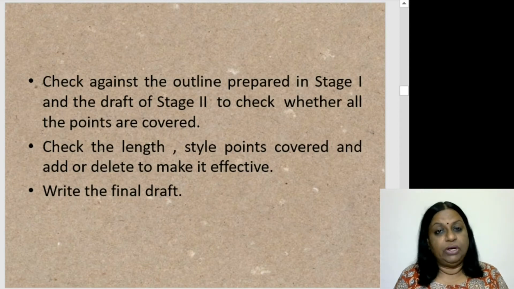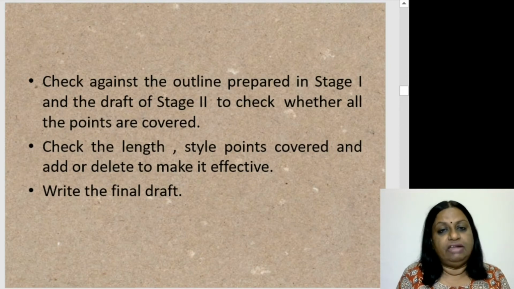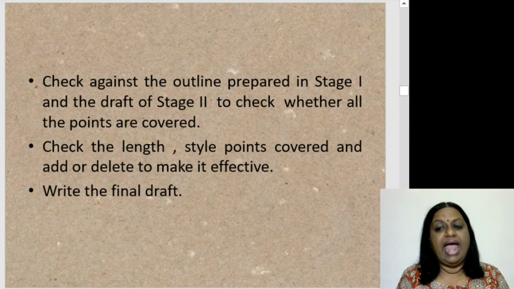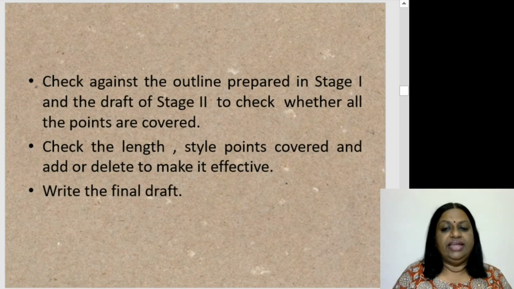Check the length, because sometimes they say write an essay in 300 words or 500 words. You should not exceed more than 50 words of the word limit that is given. Even the style, the points covered, add, delete to make your essay effective, and then write your final draft.